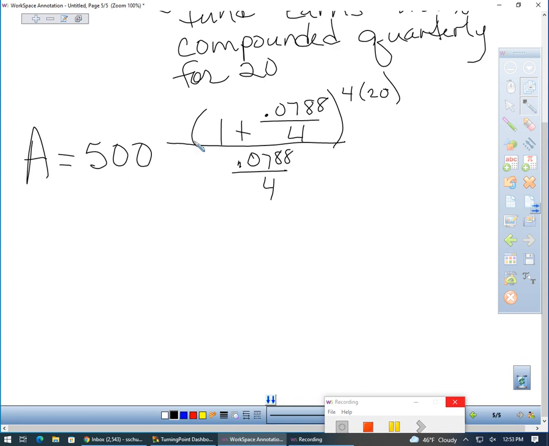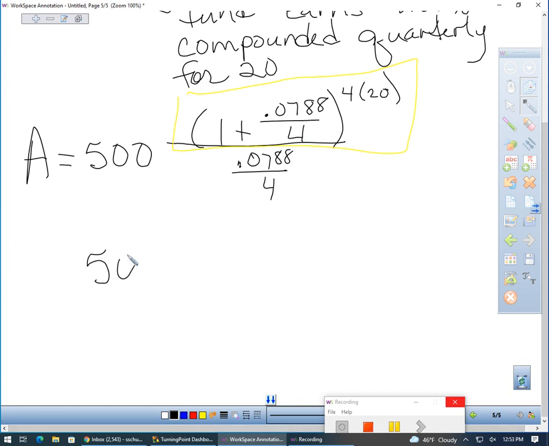All right, let's do this together. So let's type in the top part first, just this part right here. All right. So if I type this in, I get 1 plus 0.07. All right.